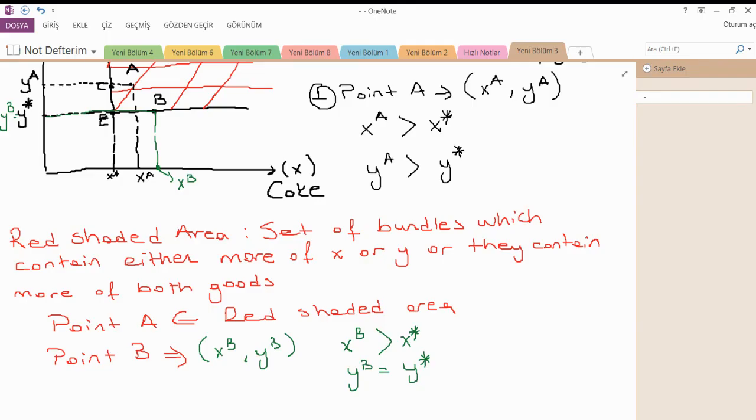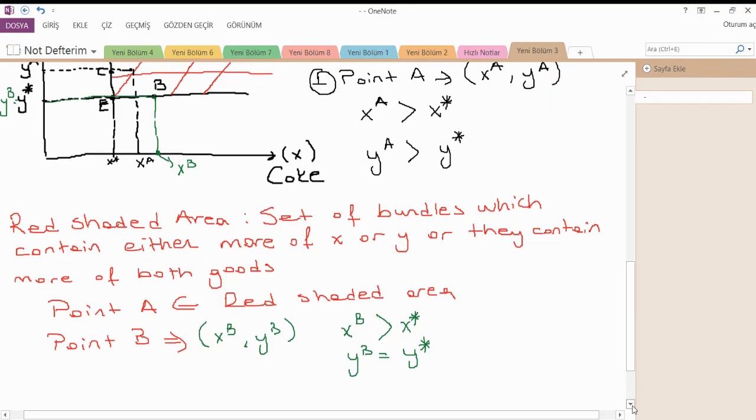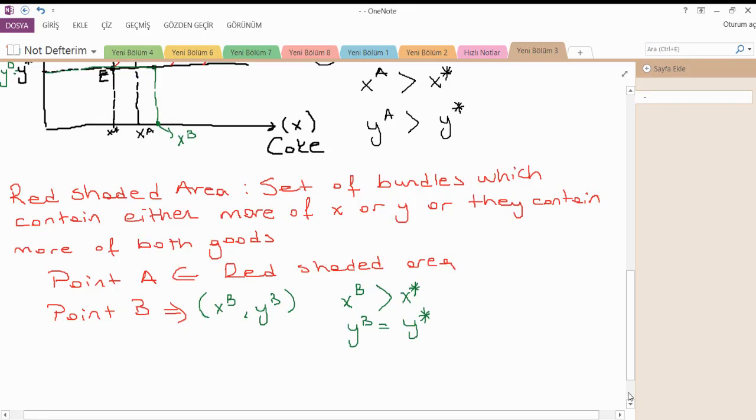At point B, X good is more than our first bundle, X star, but the other is equal to our first bundle, so it will again be preferred. Because X good is more in this bundle, and Y good is no less than Y star, point B is again going to be preferred.